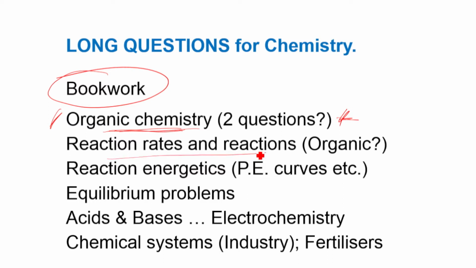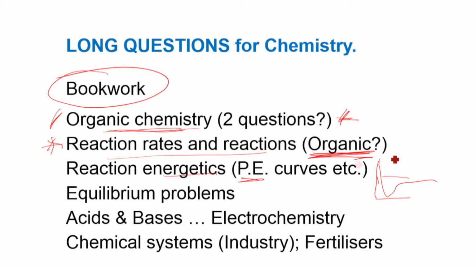Reaction rates and reactions themselves, these could use organic chemicals as the examples. But what is being tested is reaction rates. Reaction energetics, potential energy curves, and the way the bonding curves go and all this sort of thing.